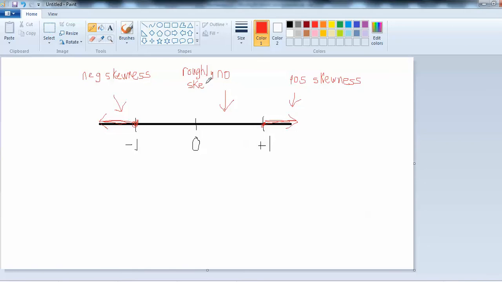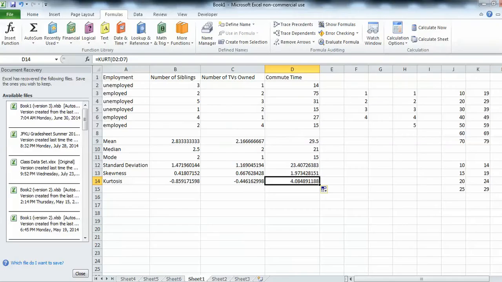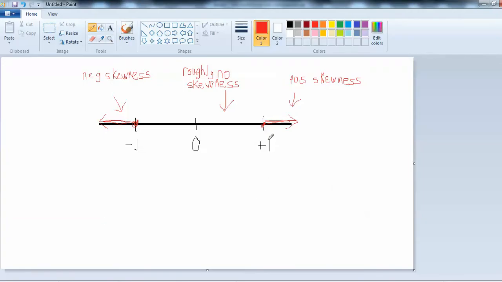And kurtosis follows the exact same guidelines. So this one follows the same guidelines, so anything in this area would be considered a positive kurtosis.